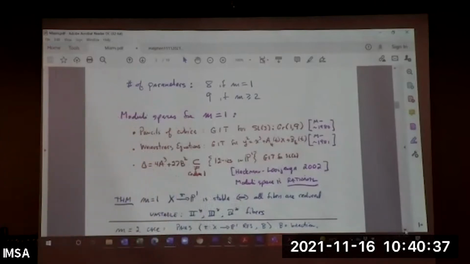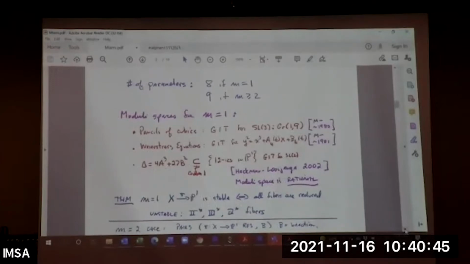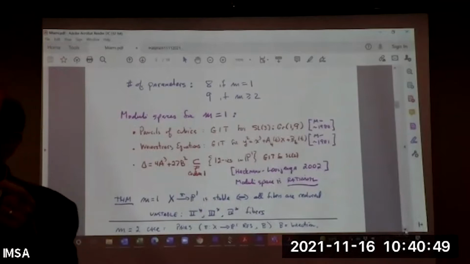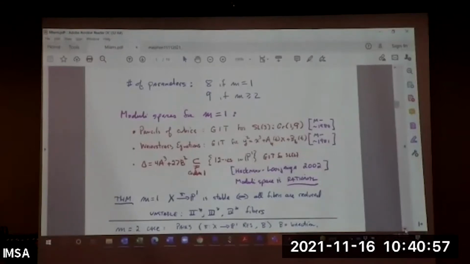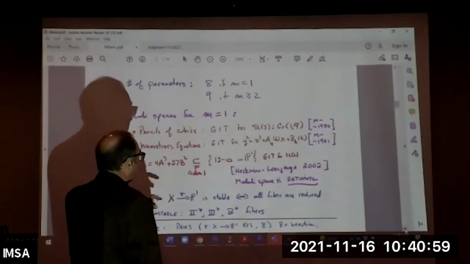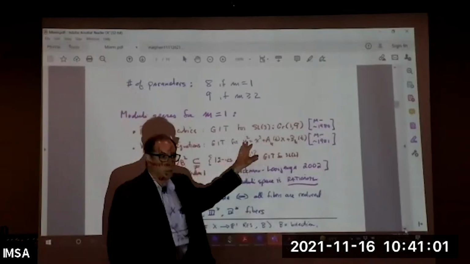Now you only need to look at SL2 actions because you only have the automorphisms of P1, the t space. On the other hand, there's extra information here, because in order to write down a Weierstrass equation, you need to have a section. The section is the point at infinity of the cubic curve, which is only given here by an affine equation for the cubic.